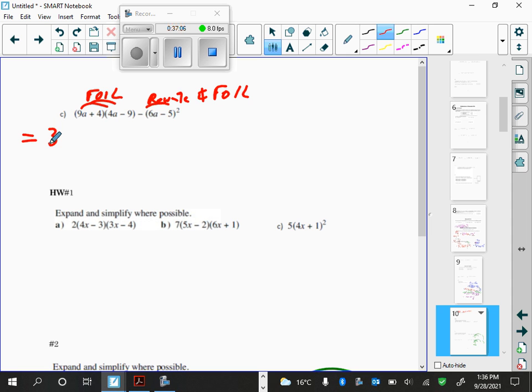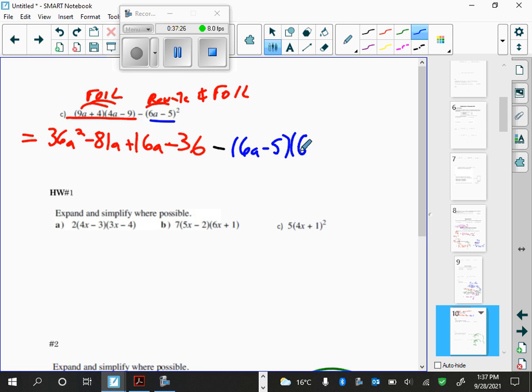So 36a squared, subtract 81a plus 16a, subtract 36. That's this part. Then subtract, and then we're going to do the blue part. 6a subtract 5 times 6a subtract 5. We're going to FOIL that.